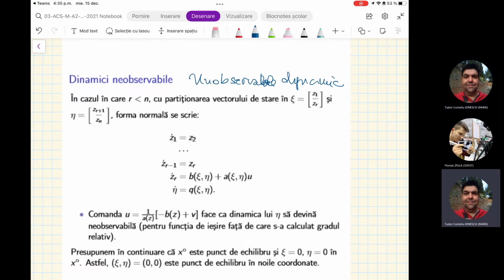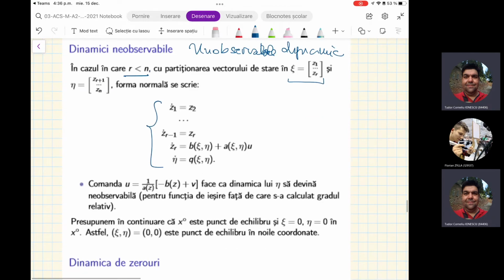Now, when r is less than n, partitioning the state vector like this, psi equal to z1 up to zr and eta equal to z(r+1) up to zn, the normal form is written in this form, the normal form we had earlier.